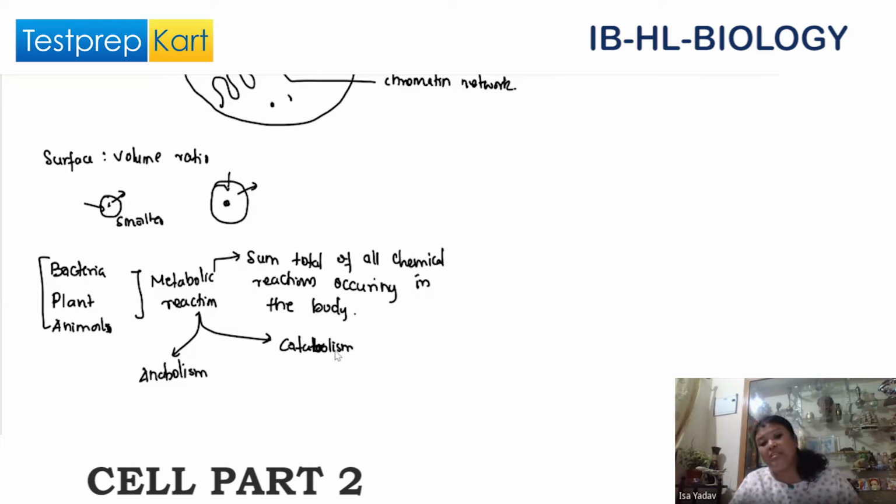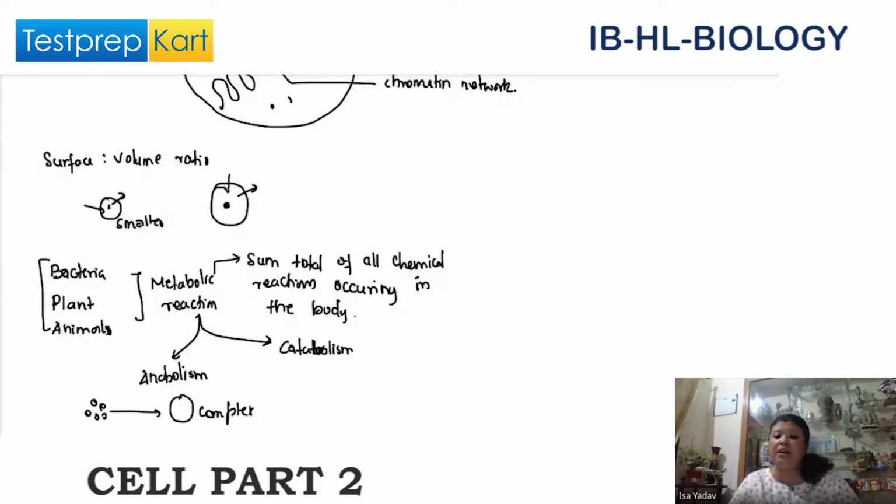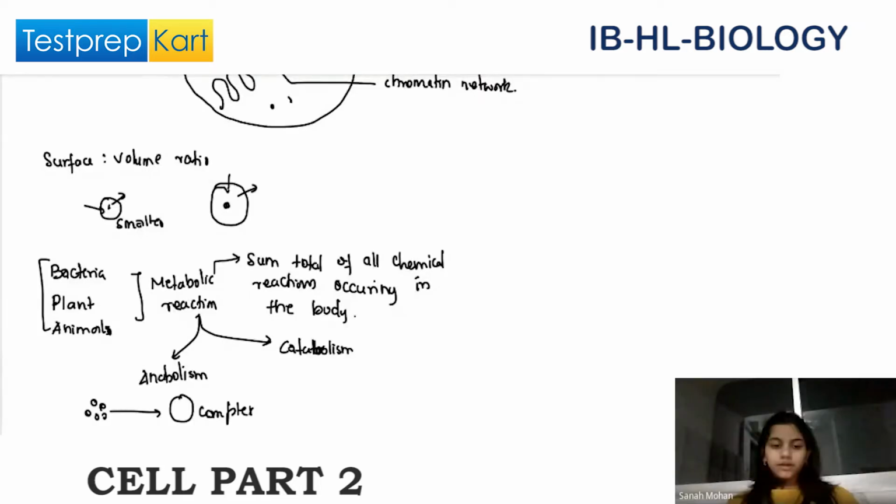Anabolism and catabolism. Anabolism is when we make a complex compound. We use some simple compounds to make a larger complex compound, like photosynthesis. What happens in photosynthesis, Anna? Energy is made. ATP is created.